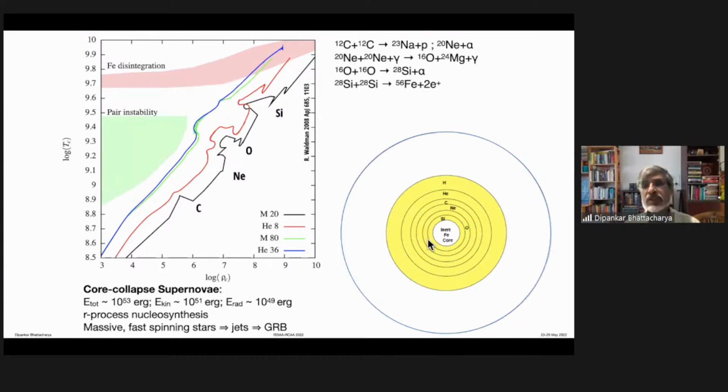Now you have produced neutrons over here and you have given them a lot of energy. So now these neutrons are zipping around at high speed, and these neutrons can be captured by other material which is around it.